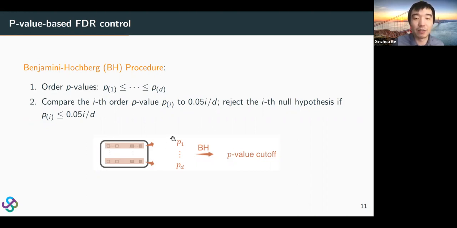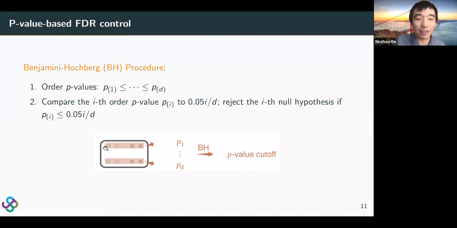So if we have D p-values from D genes, here is a cartoon for the BH procedure. This time it is different from the previous example for D genes.